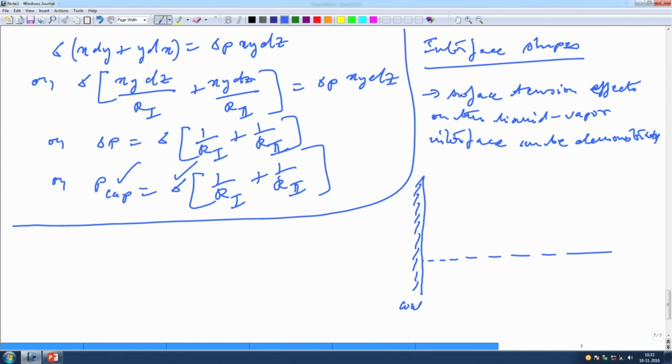This is a wall, and there is a liquid which partially wets the wall. This is given as z naught, this is the y axis, say this is the z axis. There is vapor here, and this is liquid all over.